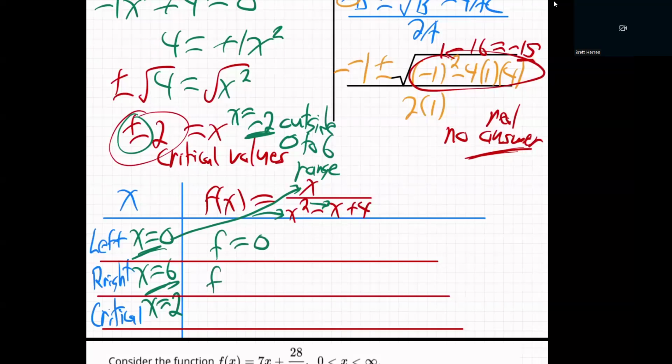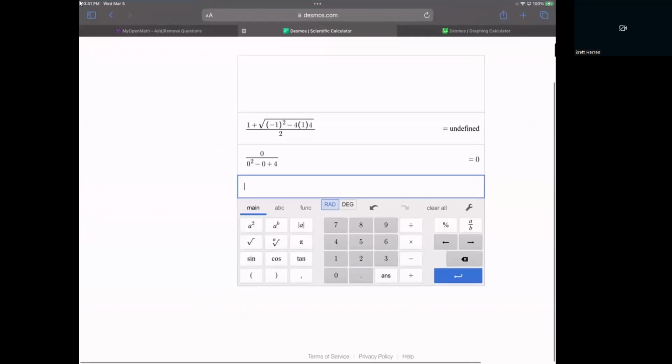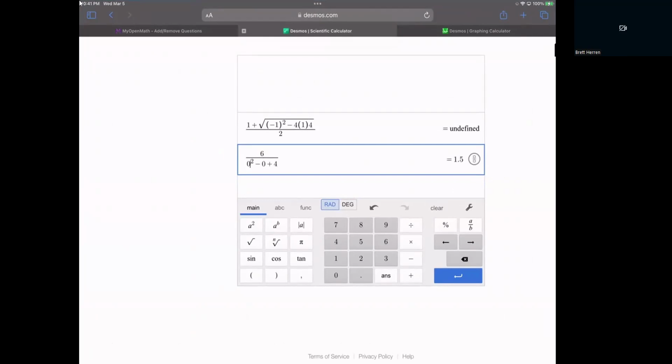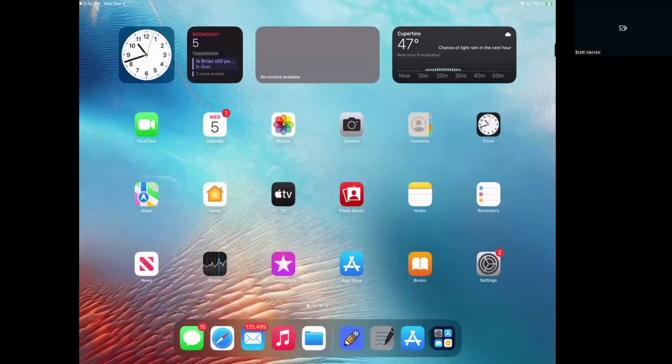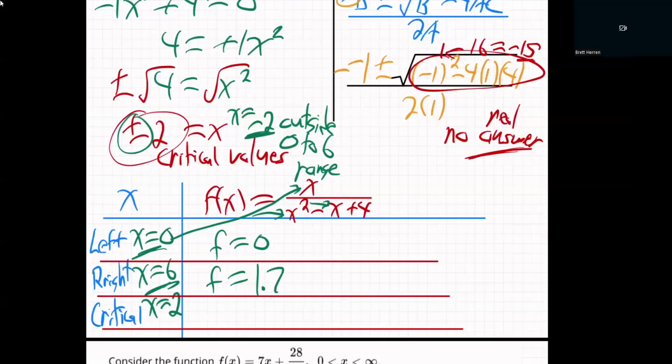Let's try the next one. Now I'm going to put in 6 everywhere we had 0. We get 0.17647. Did I do that right?